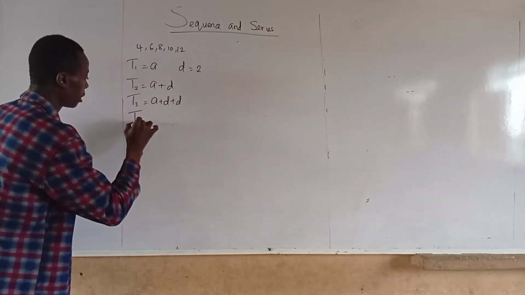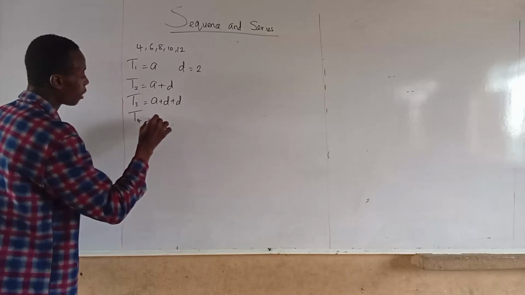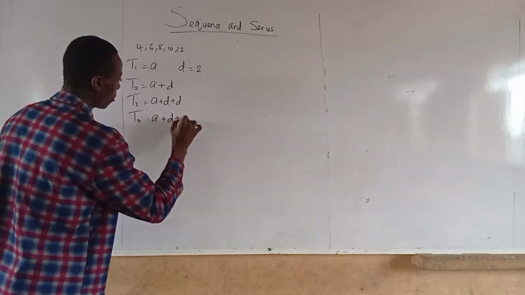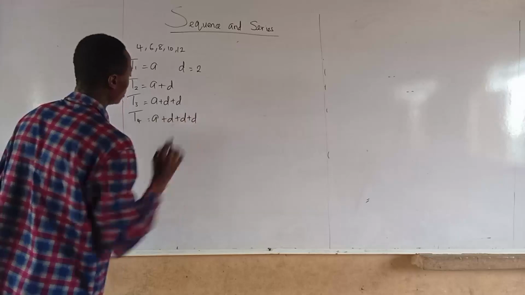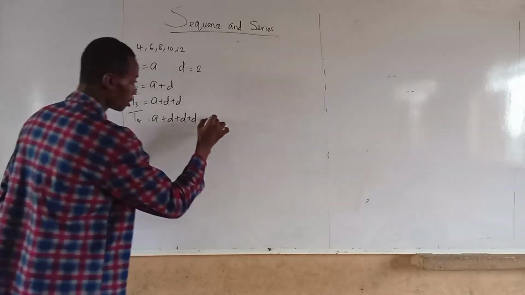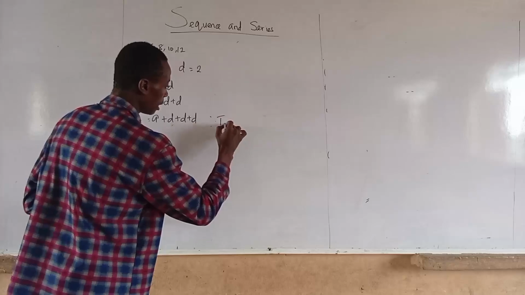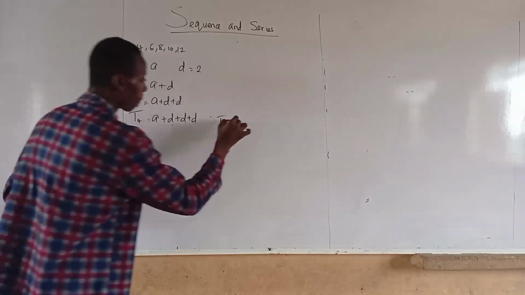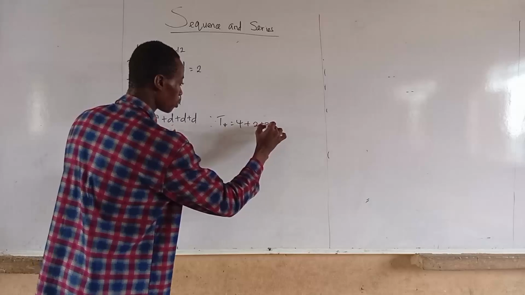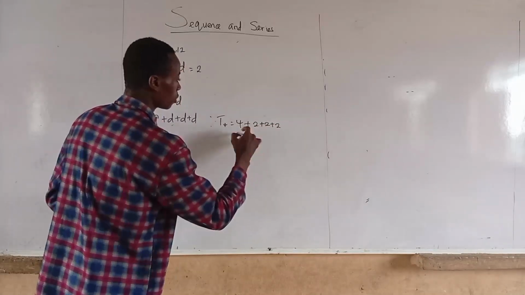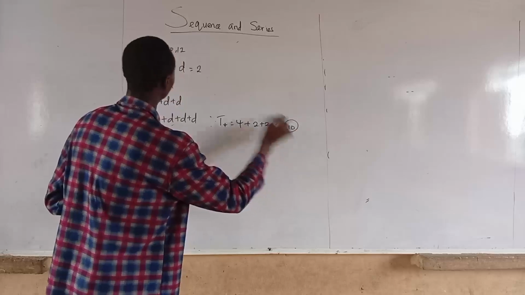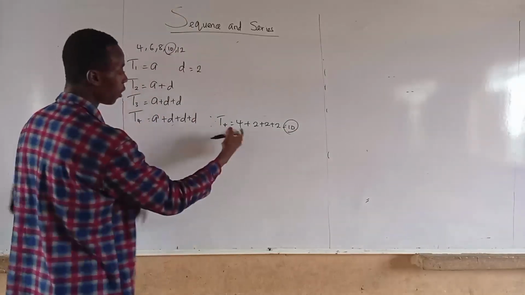And our fourth term is equal to first term plus common difference plus common difference plus common difference, right? We can prove it. Let's substitute the numbers. Let's say our first term is 4. Our common difference is 2 plus 2 plus 2. So 4 plus 2 plus 2 plus 2 will give us what? 10. And which is right? 10 is our fourth term.